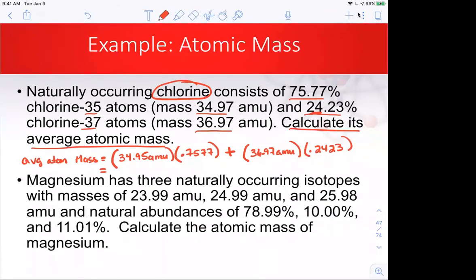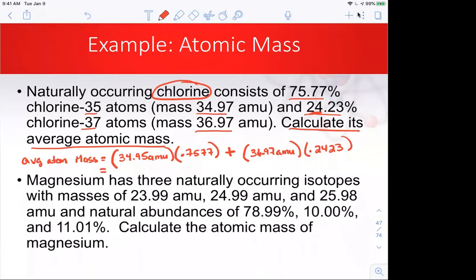And what I get is, let me do this again, 35.359. Okay, I think I did something wrong. Let's look at this again.